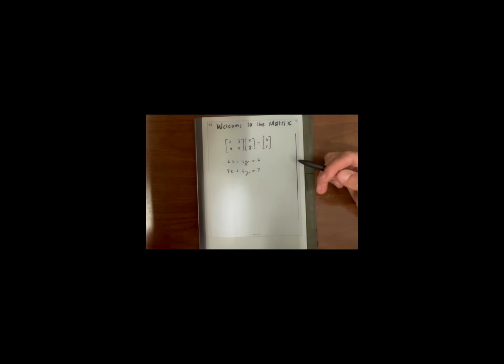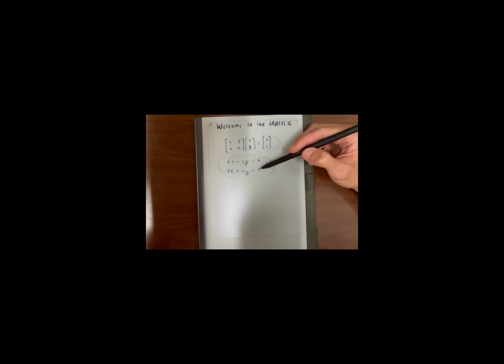Next, let's explore the idea of the matrix. So why are matrices useful, and why did I write what I did on the board so far? Well, it's because this and this are systems of linear equations, and these matrices and vectors all together are the same thing. It's another way that you can represent a system of linear equations. Let me show you how this works.